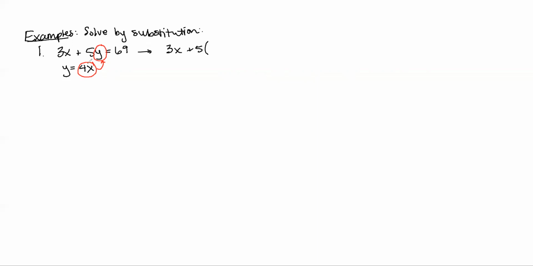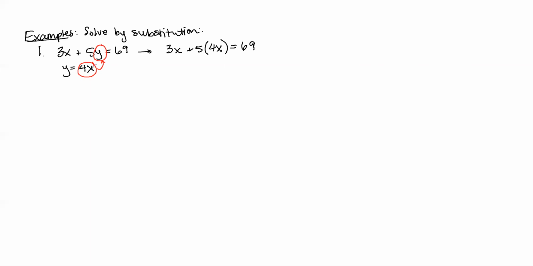If we had some addition or subtraction in this y expression, you want to make sure that's always in parentheses so we know to distribute. So I'll go ahead and put this 4x in parentheses. The only thing I've done here is taken this y, changed it to 4x. Everything else stays the same, so it's still equal to 69.